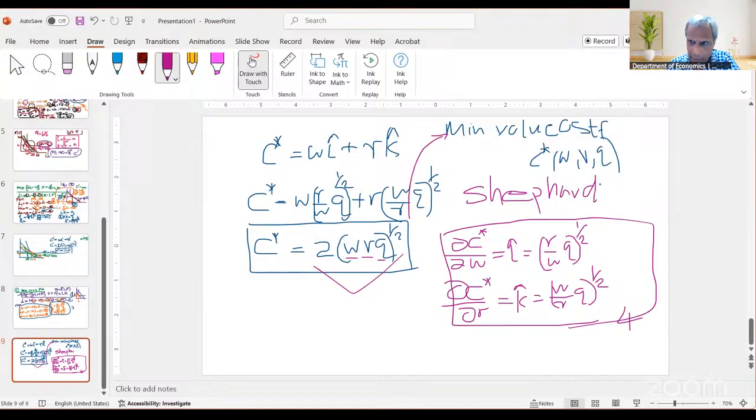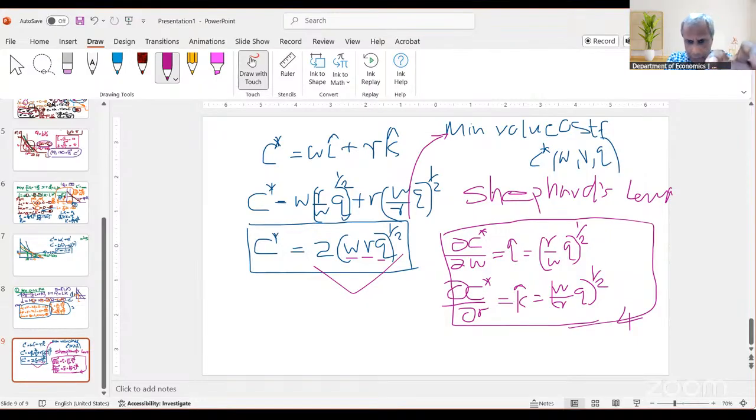He's a mathematician. Now in the exam, again, given the production function, I will ask you to derive the minimum value cost function, and after that perform Shephard's lemma. So that you get about 14 or 15 marks for all the things.